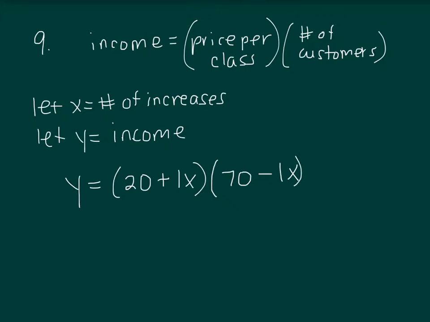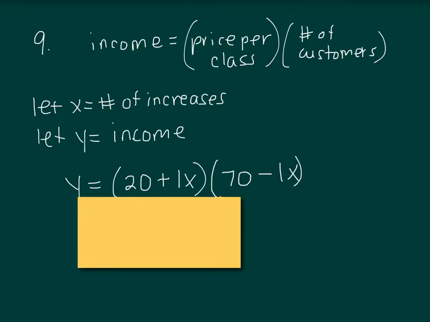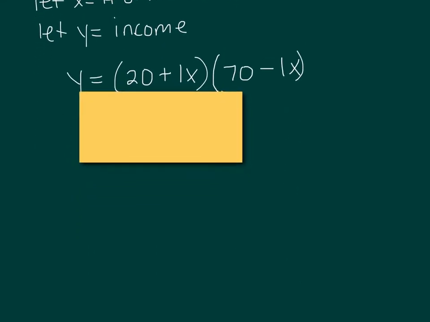So following that example, if it was a $5 increase, it would be $25 for 65 customers. And multiplying that out would give me the total profit for 5 increases, which would be $1,625. Now that's just an example. I just wanted to show you what it meant. So I'm just going to block that out. That was just to show an example.